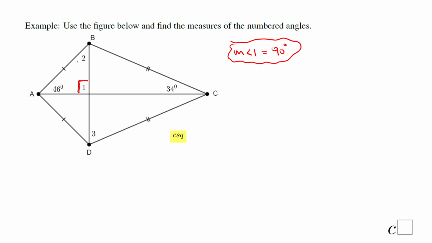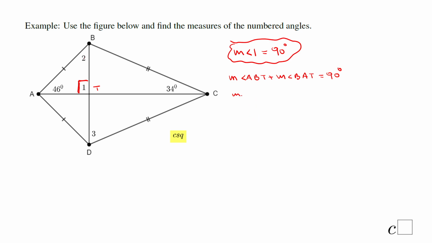Angle 2, this one here, if you notice, is in this triangle, let me call it ATB, which is a right triangle. So that means angle 2 and this angle that is 46 degrees are complementary. So let me write that: the measure of angle ABT plus the measure of angle BAT is 90 degrees, because those two angles are acute angles in this right triangle.